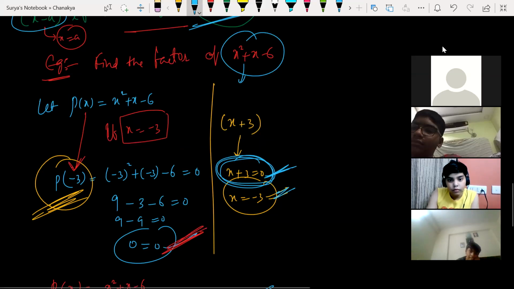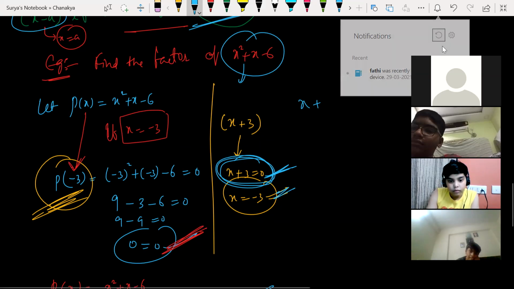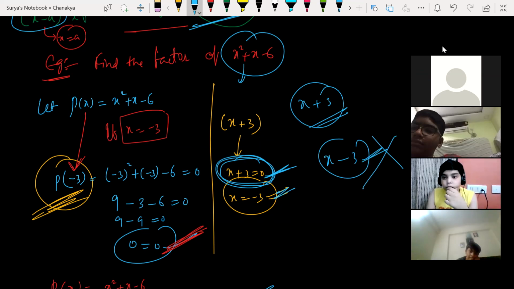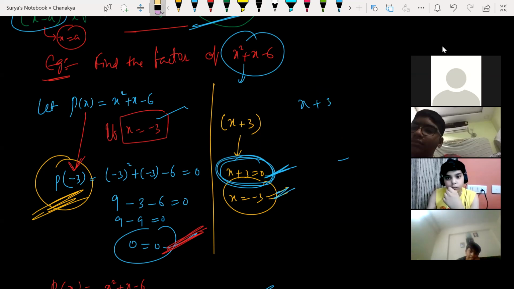So if x is equal to minus 3, then x plus 3 is going to be my factor. You should not write x minus 3 is a factor. If I'm getting minus 3 here, you must write plus here. Why? Because if I equate with 0, I am going to get minus 3 only. Getting my point? So x plus 3 is a factor now.